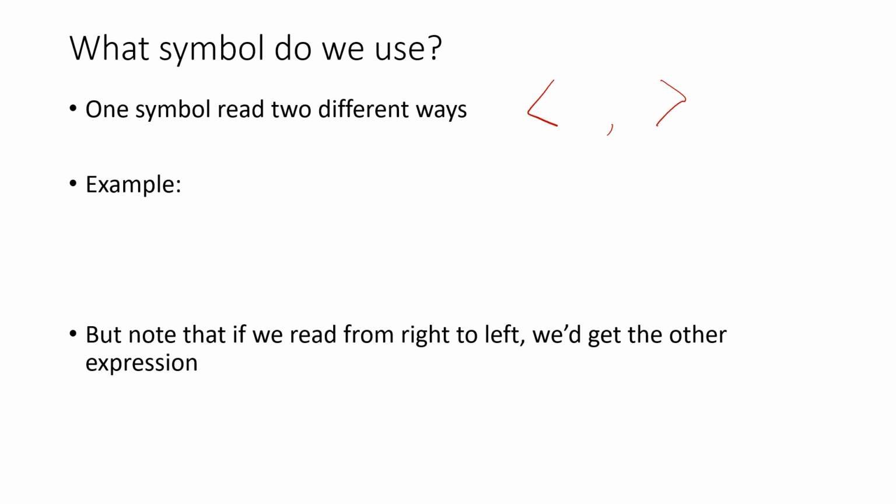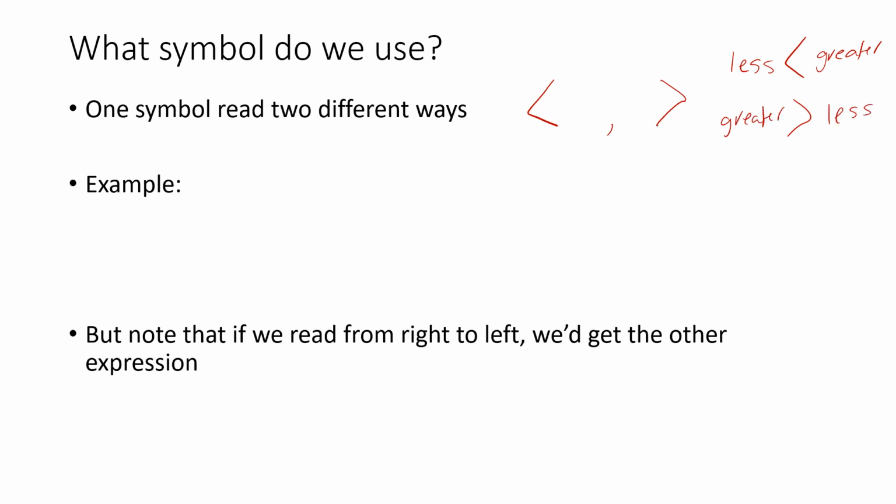You probably heard this, I know I heard it growing up, and I think it's still used: think of it as the alligator mouth, and the alligator is really, really hungry. So the alligator always goes for the greater and leaves the less behind. If it's this way, then the greater quantity is over here and the less is over here.